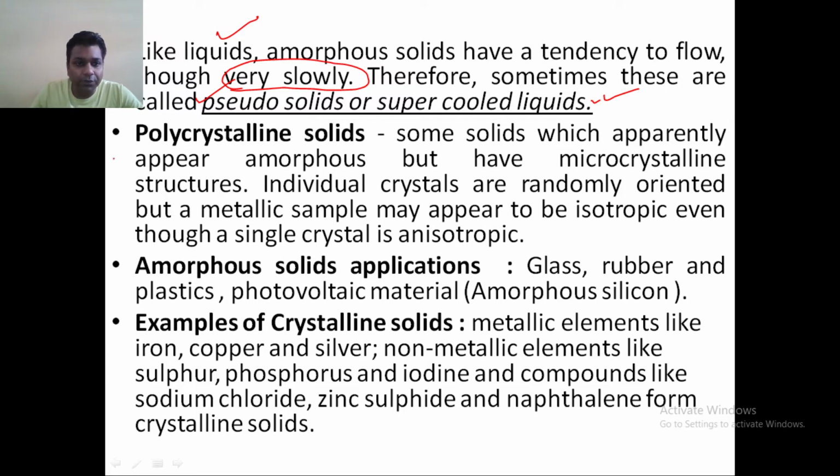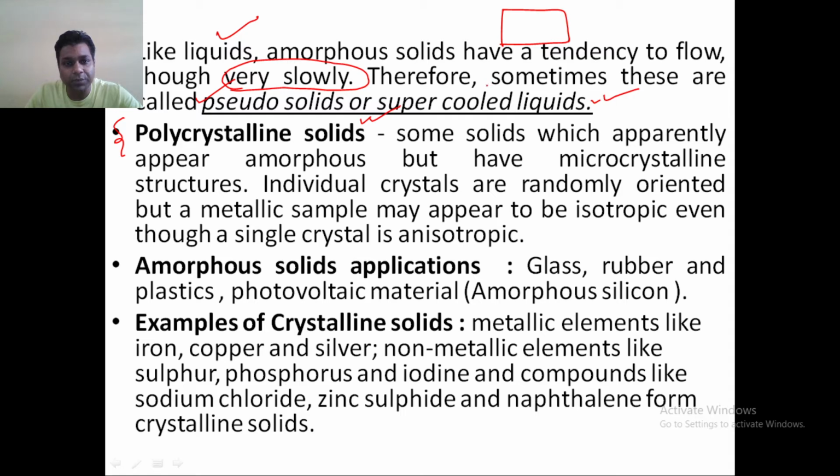The second point is polycrystalline solids. We have studied crystalline and amorphous, but there is one more type of solid, the polycrystalline solid. What are these in fact? Some solids will appear amorphous as a whole. Let me make a diagram for this explanation.